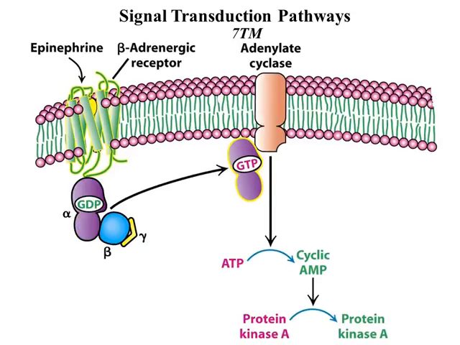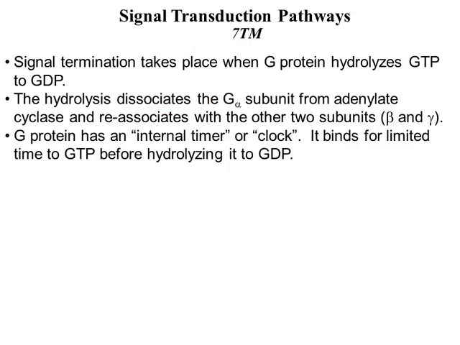So what happens is that GTP will be hydrolyzed to GDP, and once it's hydrolyzed to GDP, it will go back and bind up. It can no longer bind to the adenylyl cyclase. So we want to terminate this message, and that's the only way to do it.